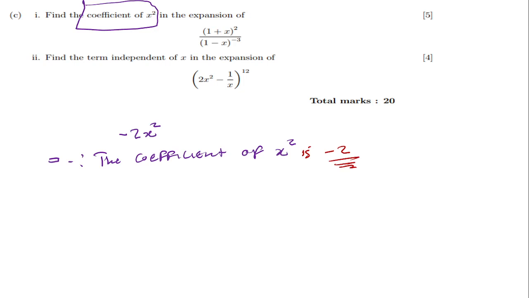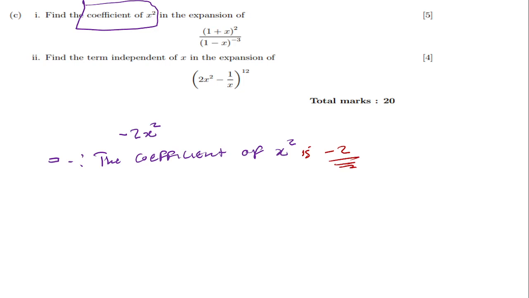N combination R, and then you're going to find a. What are you going to put on a? Is it 12? Is it 12 we are having there? Okay, it's 12. So you're going to say 12 minus r, and then b to the power of r.